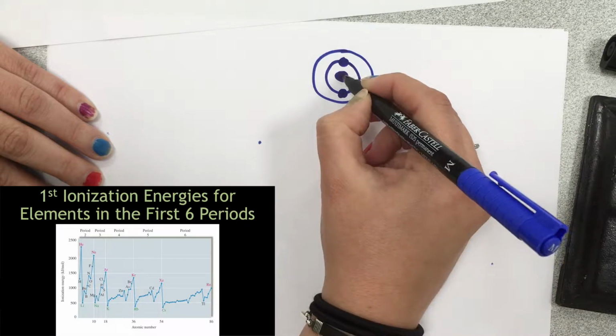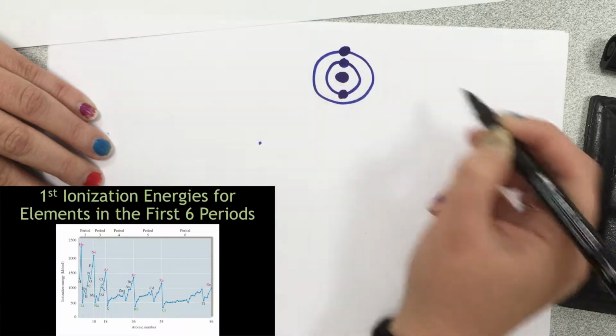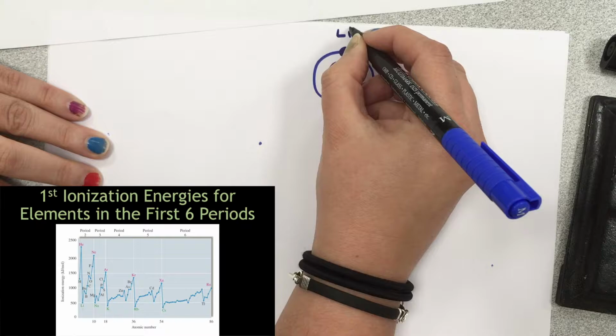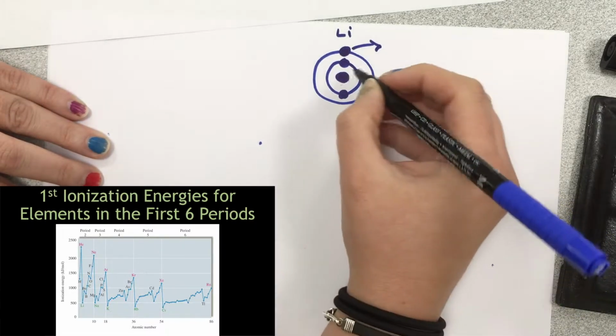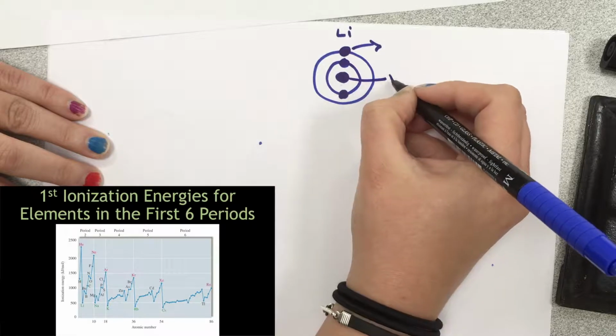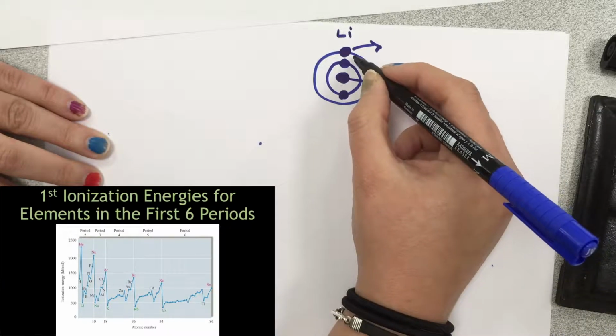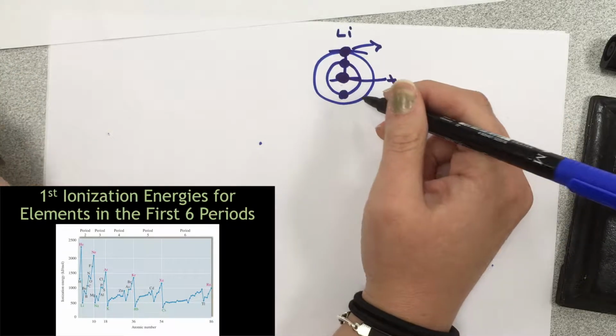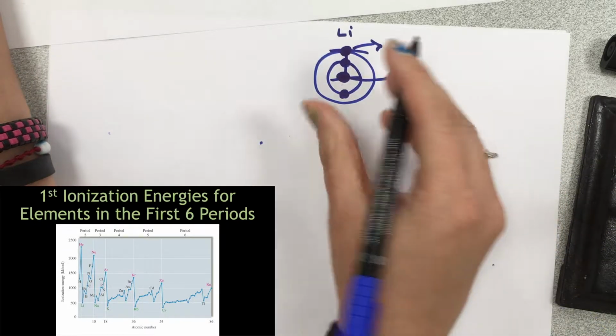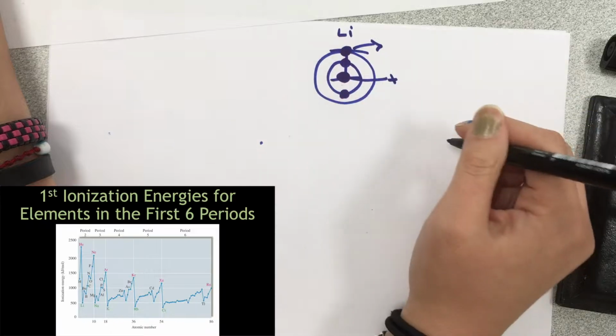I'm not going to draw all the electrons for cesium because that's a lot. With lithium, this first electron that's going to be taken away is a little more difficult because this is a positive charge, and the distance from the electron to the nucleus is very short, so this has a pretty good pull on it.